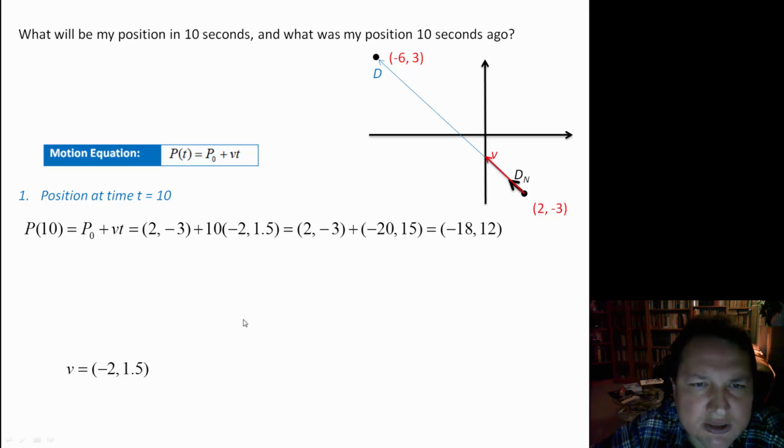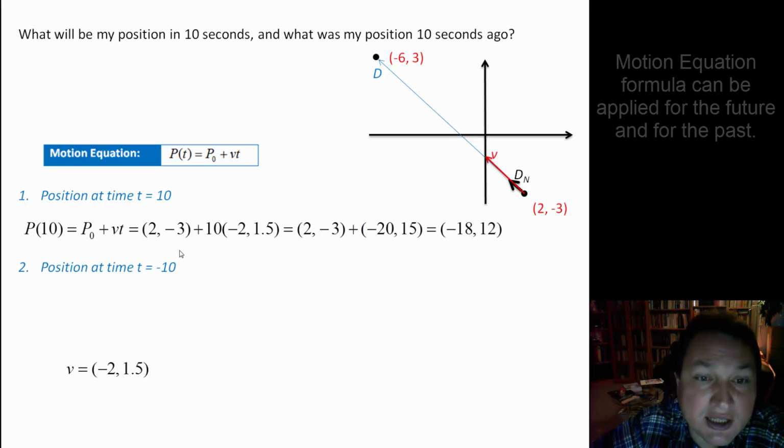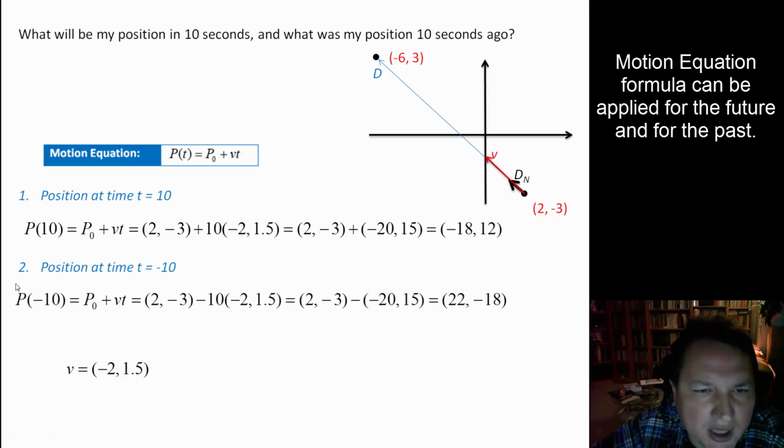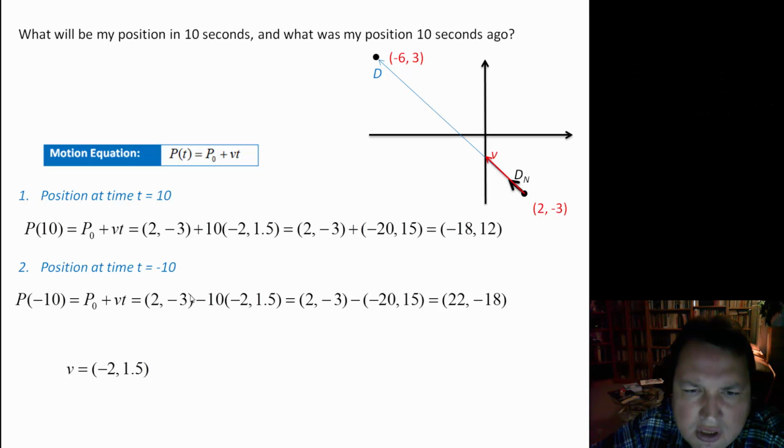Okay, position at time t equals -10 is the position 10 seconds ago. The same formula is applicable here, so this time this is the point for -10. The calculation is nearly the same. The only difference is that for t, we apply -10, not 10, so the result is also different, (22, -18).